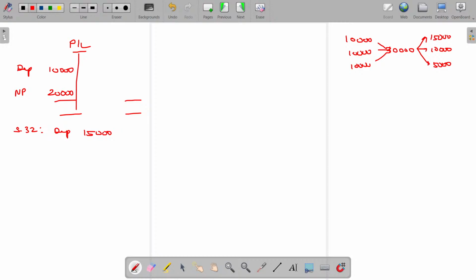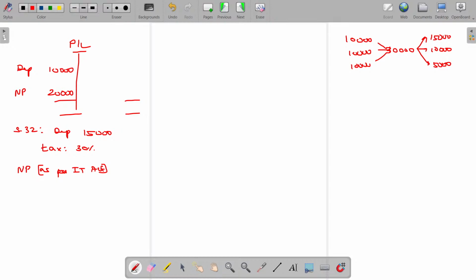Clear? Now, the applicable tax rate being 30%, assume. Now, come on, tell me, what is the net profit for the taxation purpose? Net profit as per the Income Tax Act.